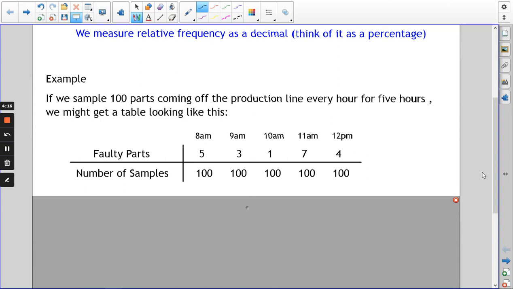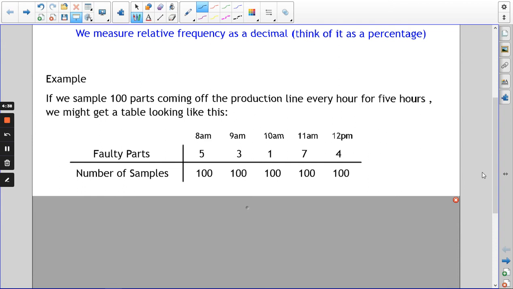At 9 o'clock they took 100 parts and 3 of them were broken. And there's going to be variation because there always is, so it goes up and down. At 10 o'clock only 1 part out of 100 was broken. At 11 o'clock 7 were, so that was the worst hour for faulty parts. And at 12 o'clock in my last batch of 100, 4 of them were broken.